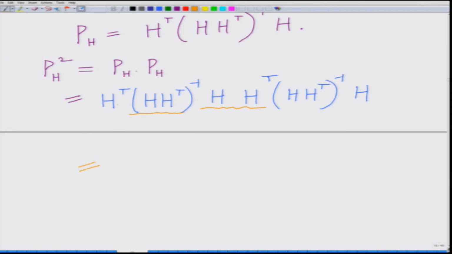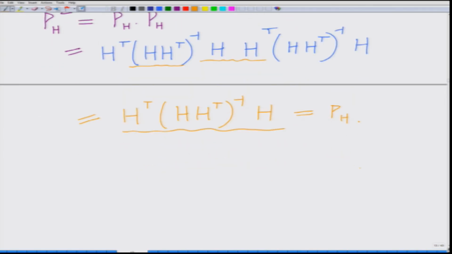So, this is equal to H transpose (H H transpose) inverse times H, and this quantity is nothing but PH. So, PH square, that is PH times itself, is equal to PH, and this is an interesting property of this matrix PH.